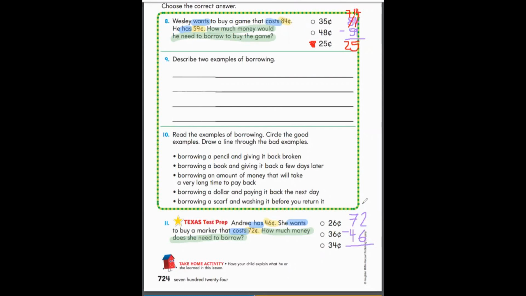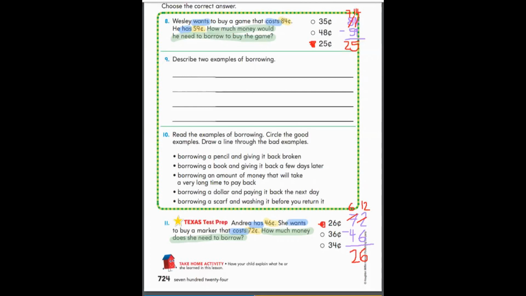No, so we have to ask the neighbors. So this is going to be 12, but then this is going to be 6. So no more 7 here, no more 2 here. 12 minus 6 is 6, because 6 and 6 is 12. 6 minus 4 is 2. So she needs to borrow 26 cents.